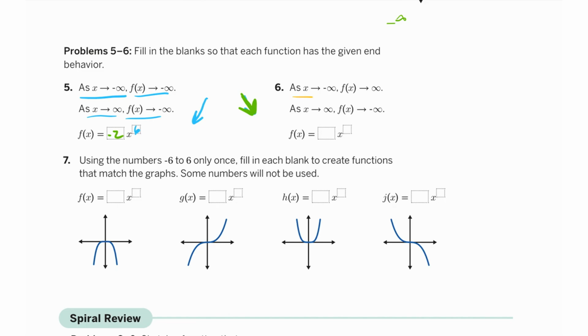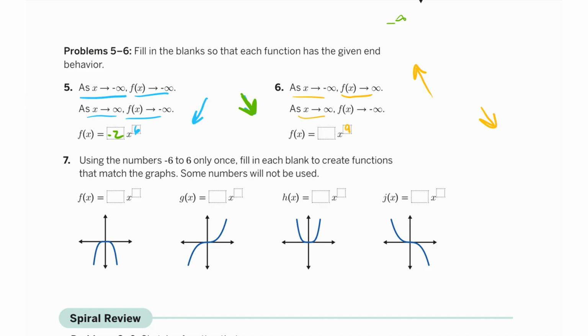For number 6, as x goes towards negative infinity, so as we go to the left, f of x goes towards positive infinity. So my left side is going to look like this. As x goes towards positive infinity, or as we go to the right, f of x goes towards negative infinity. So I got something that looks like this. Since they're going in opposite directions, my exponent is going to be odd.